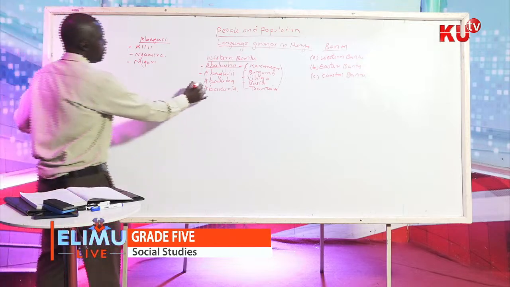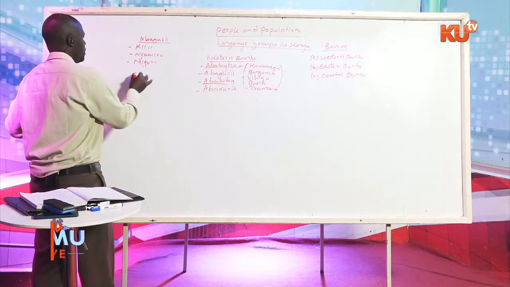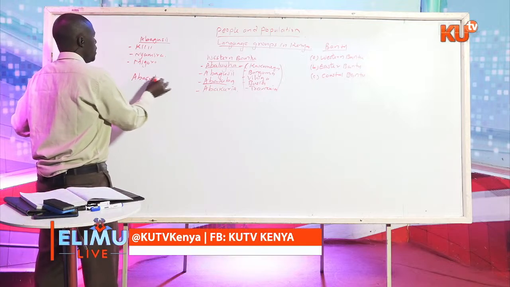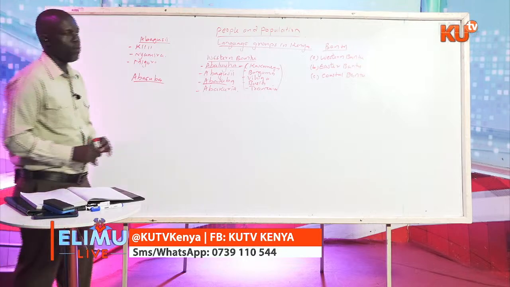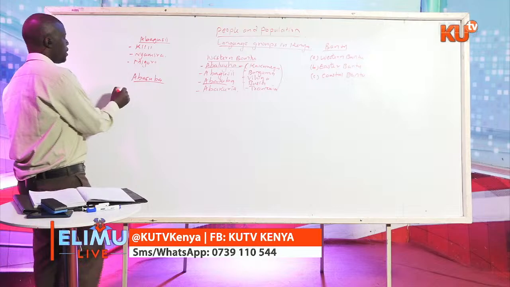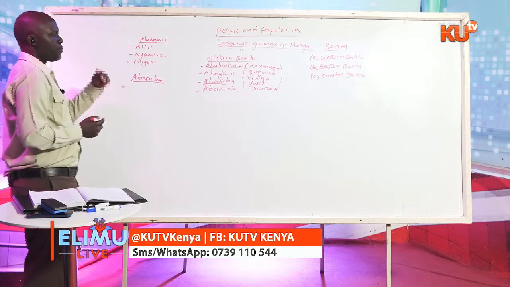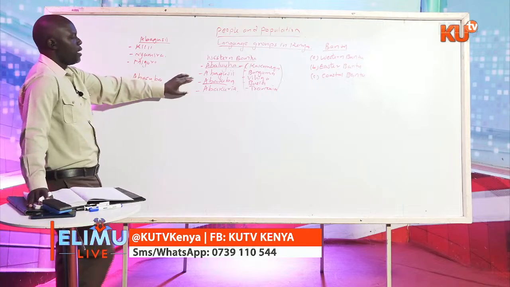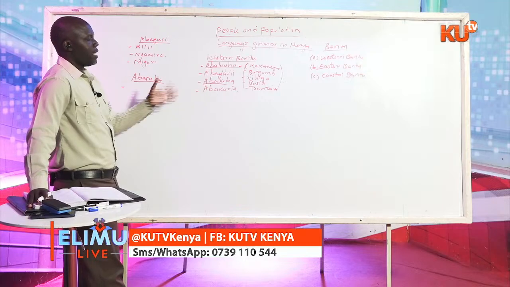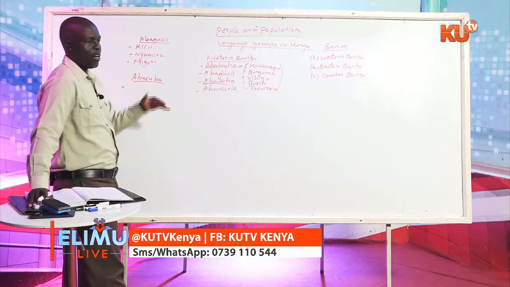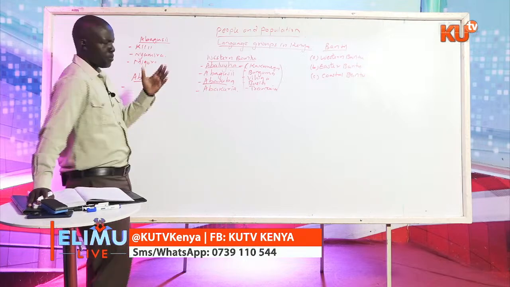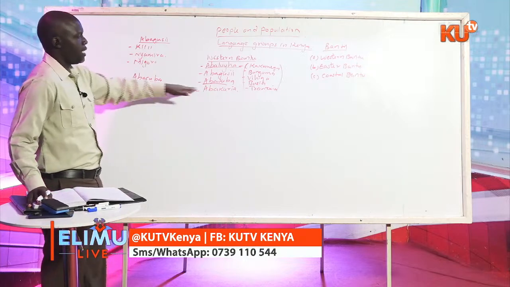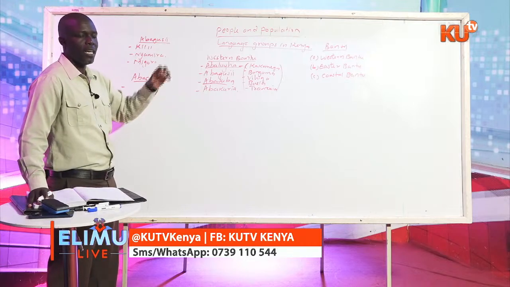The next one we have is the Abasuba. Abasuba are part of the Western Bantus, and although currently most of them have been assimilated into Luos, the fact remains they are still Bantus, even if they have been assimilated as Luos.